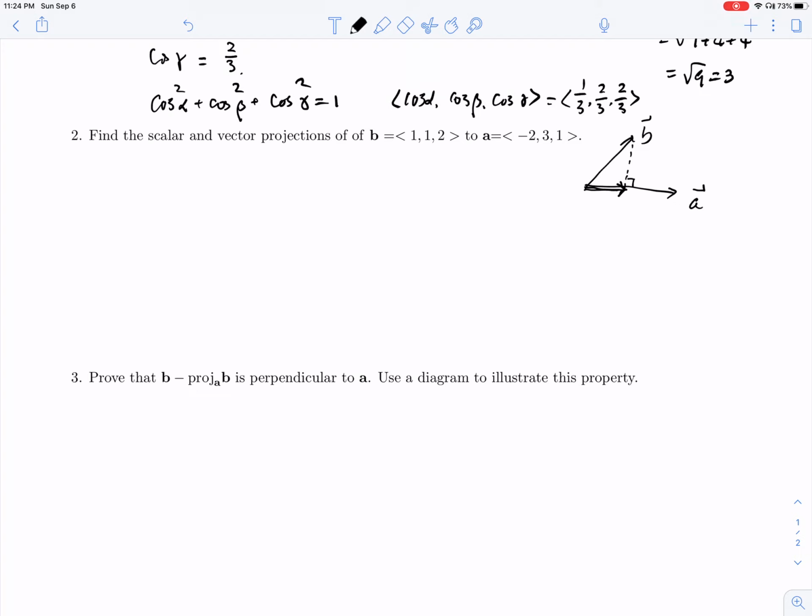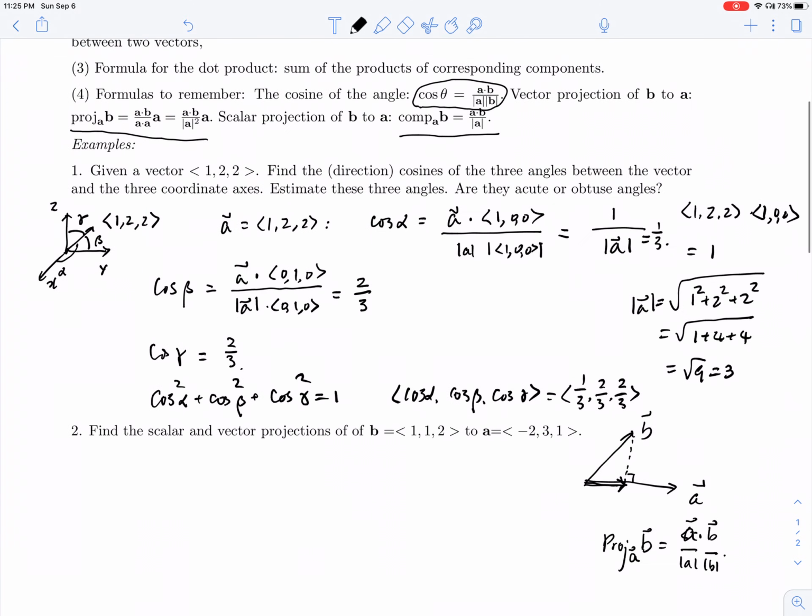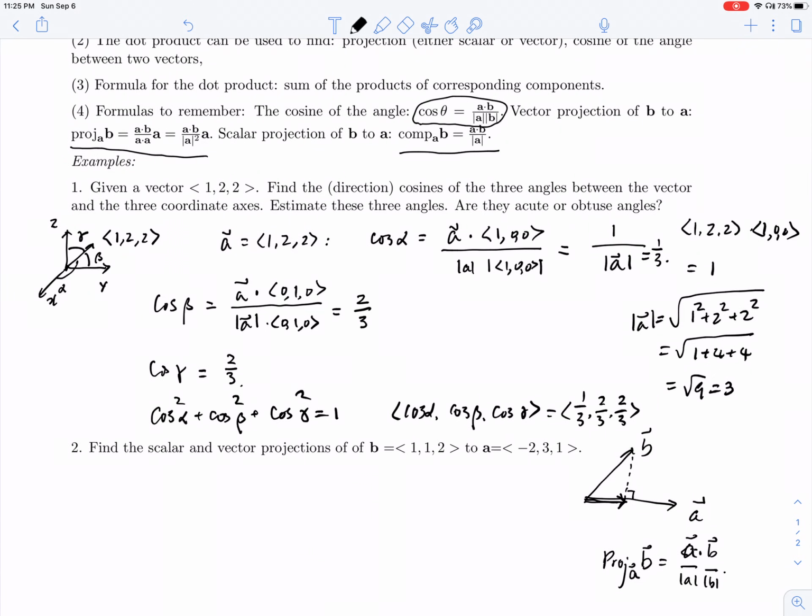And the formula over here for the projection onto A of this vector B is going to be the dot product AB, divided by the length of A, divided by the length of B. And you still need to get onto the vector A. So if we look at this back over here, how to find it over here is the projection over here.